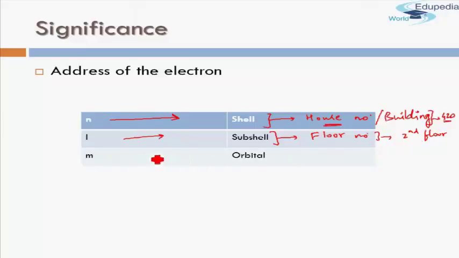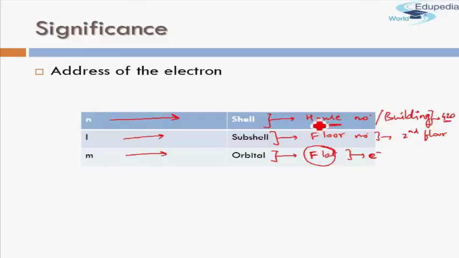Now on the 2nd floor itself there might be 2 or 3 different flats, 2 or 3 different apartments. So the next quantum number, m, or the orbital, gives you the actual flat in which the electron resides. Ultimately you reside inside the flat.